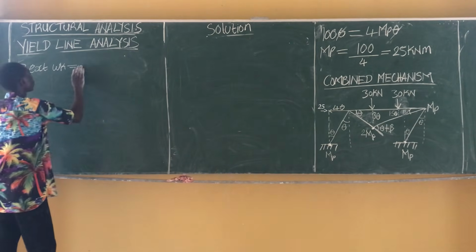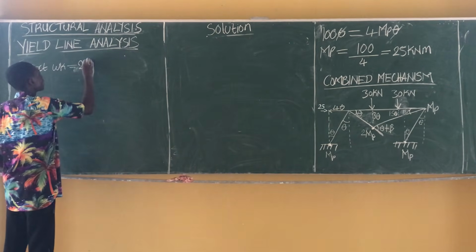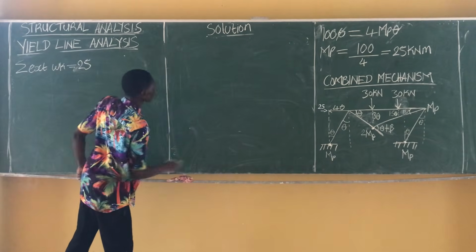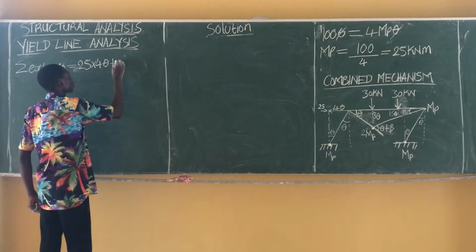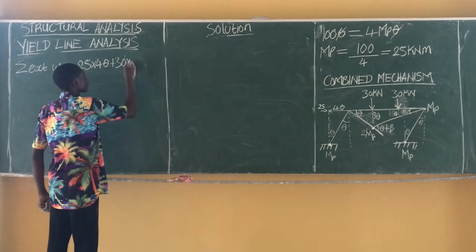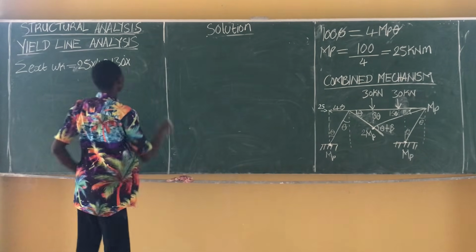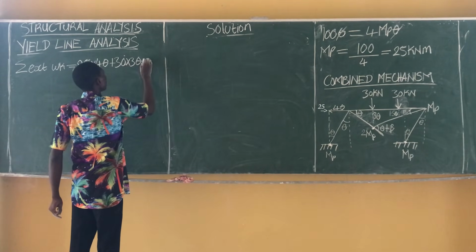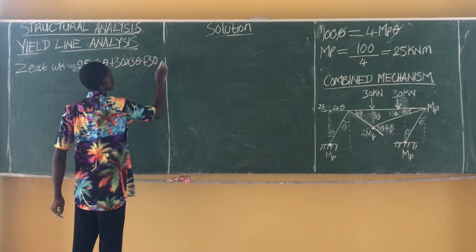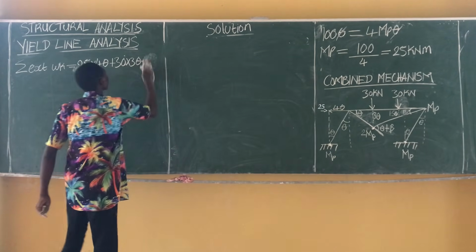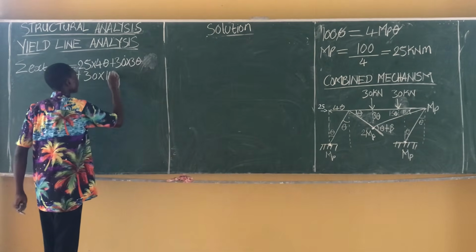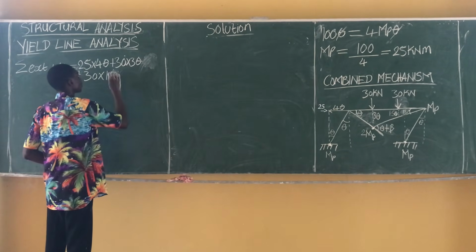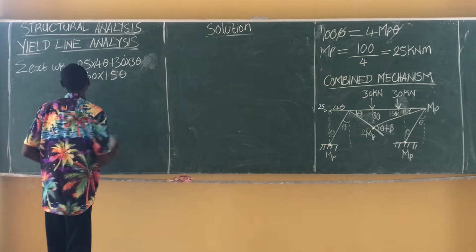So we have this to be equal to 25 multiplied by the deflection, which is 4 theta, plus 30 times 3 theta, plus 30 times 1.5 theta.